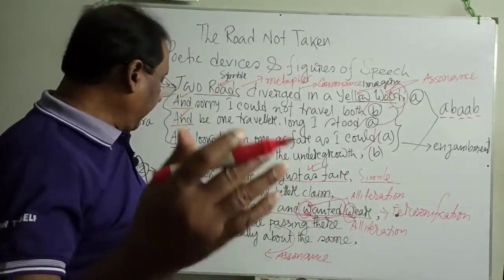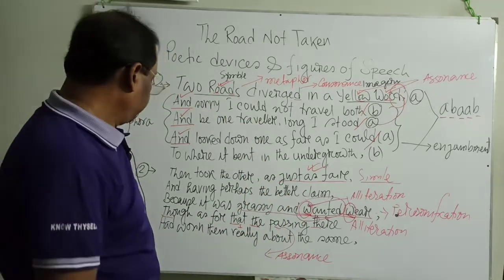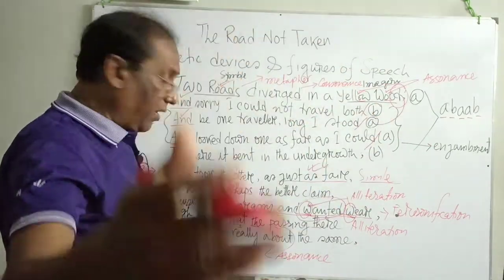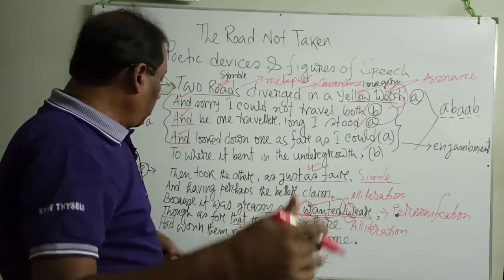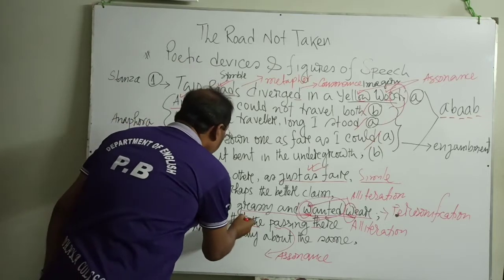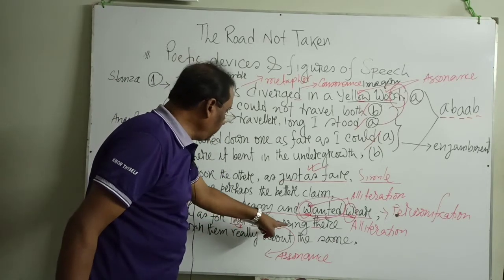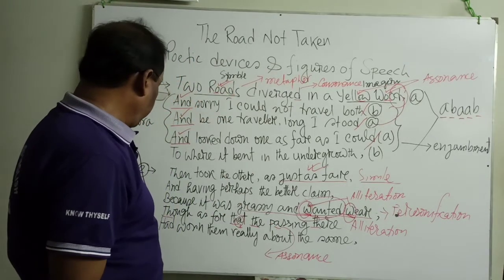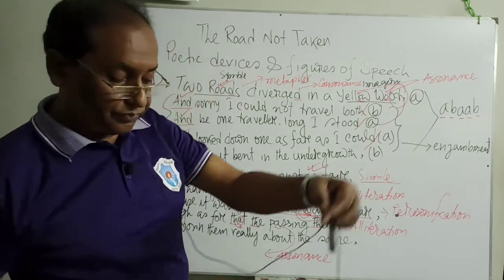We also find again in this stanza assonance. Assonance is the repetition of the vowel sound in words closely related. As for example, the a sound in that and the a sound in passing are repeated. So here is assonance.